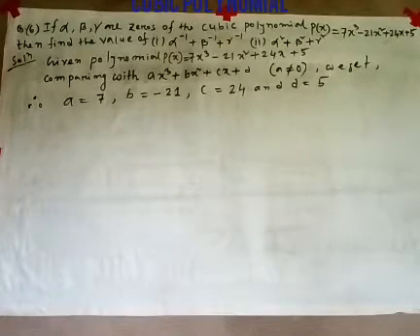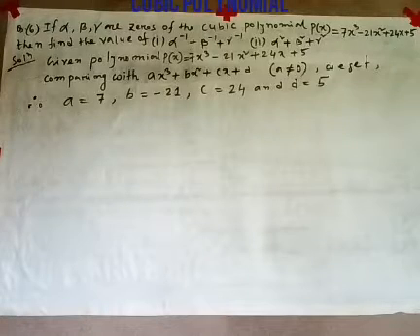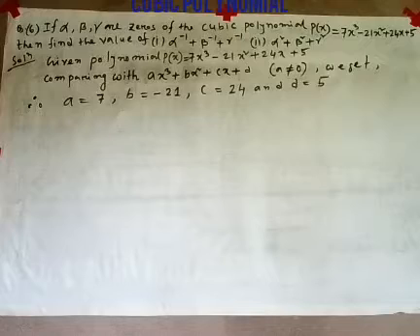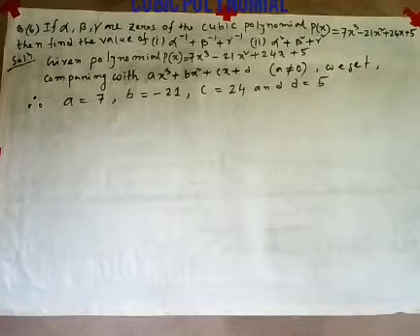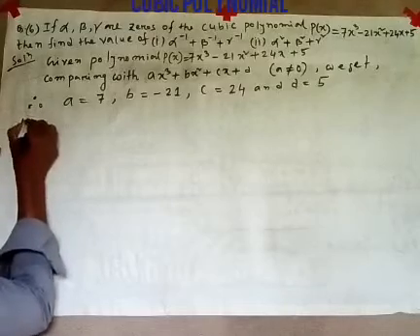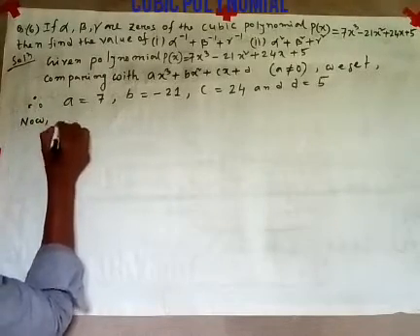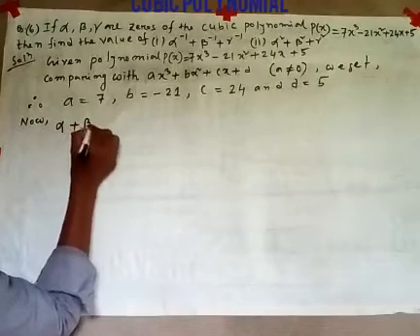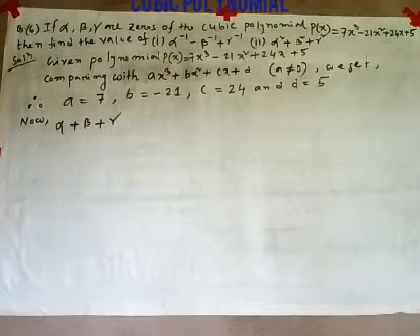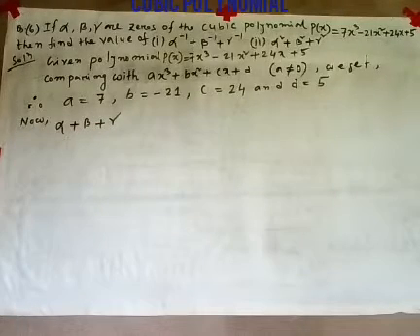What I said last time, the zeros are alpha, beta, gamma. So what formula have we learned from the last classes? Alpha plus beta plus gamma, the sum of the zeros.